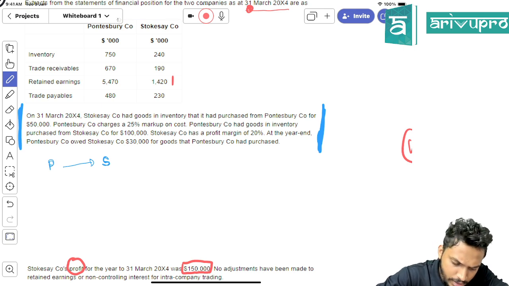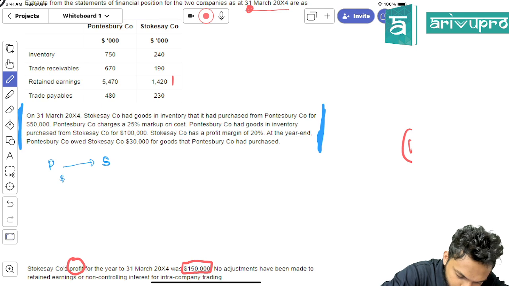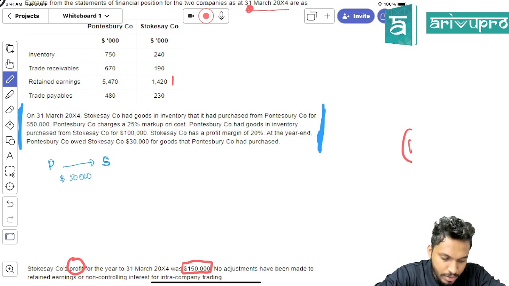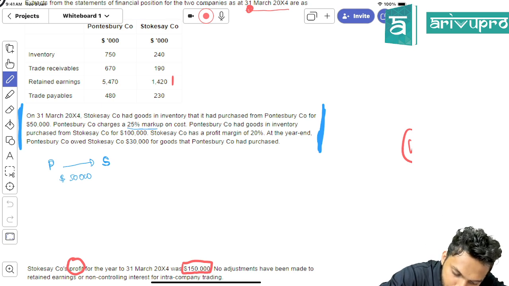So for how much are they selling? They have sold 50,000 worth of goods. So P company charges 25% markup on cost. They are charging 25% markup on cost.